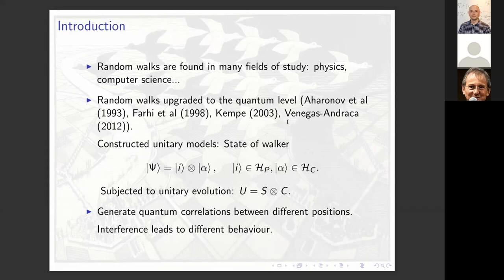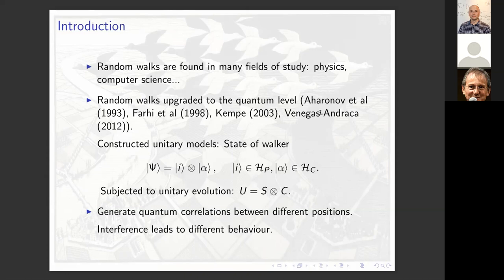I've listed some over here: Aharonov et al. in '93, so the early '90s, Farhi in '98, Kempe in 2003, and this article here is quite a nice review paper on various models that have been constructed throughout the years.